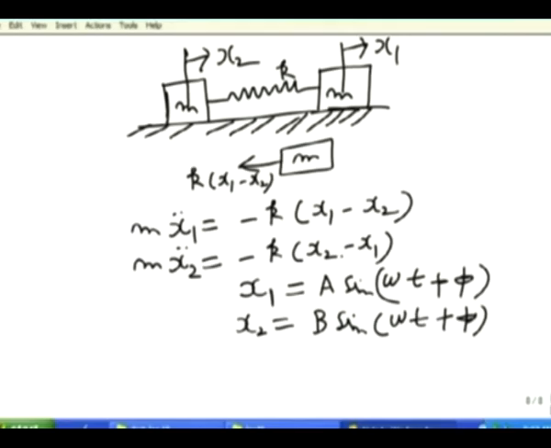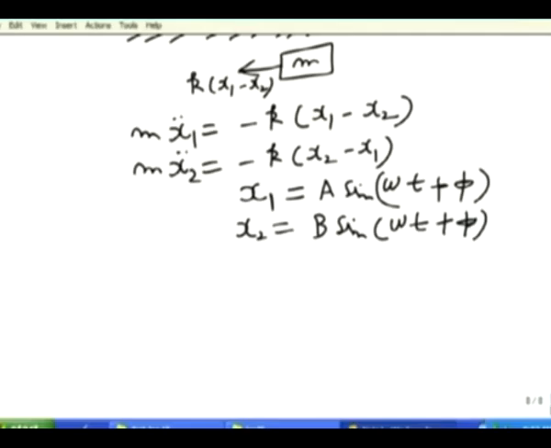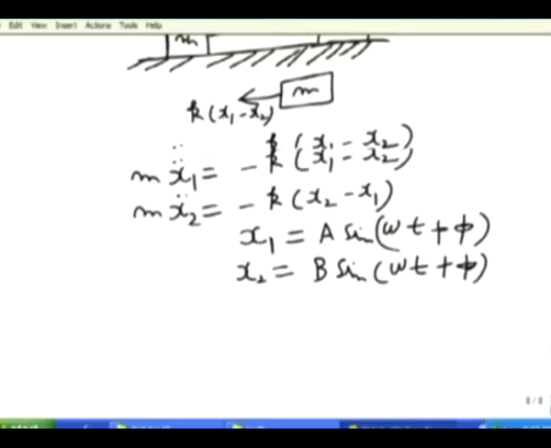When we put these into the equations, we can obtain two frequencies, and this becomes basically an eigenvalue problem, which we will not be discussing in this lecture. Okay. So, essentially by solving the differential equations, you can study the vibration.